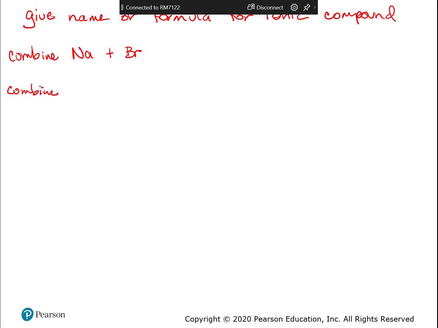So you just have to add this underneath. Just some practice ones. For that one, I want you to tell me the correct formula, and then I want you to tell me the name.